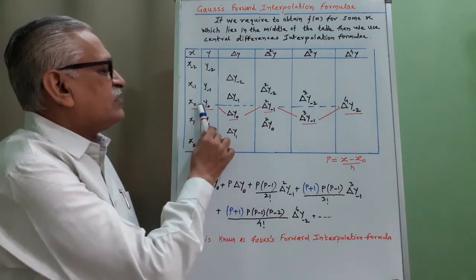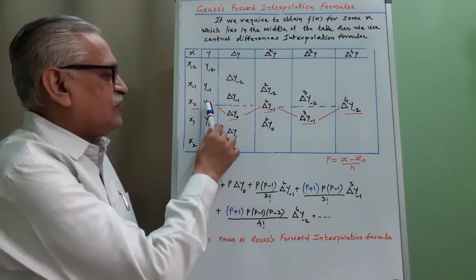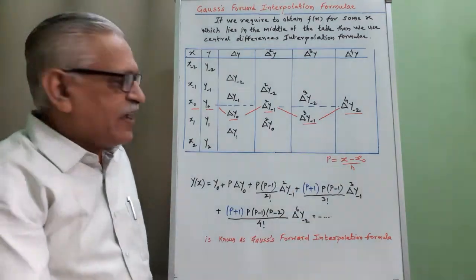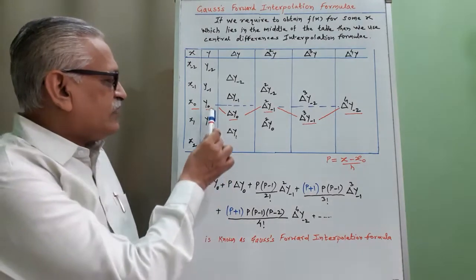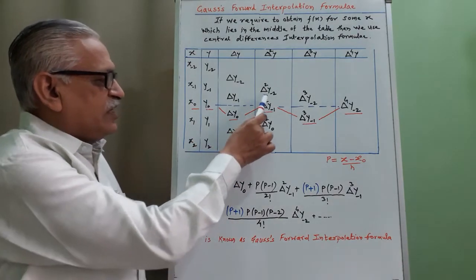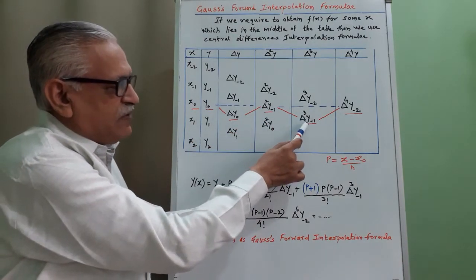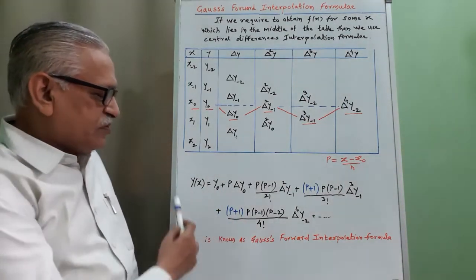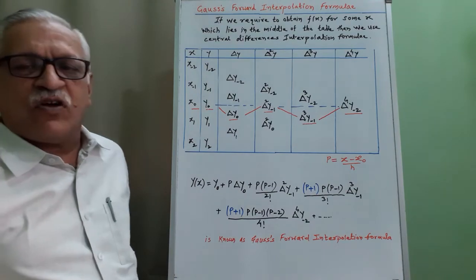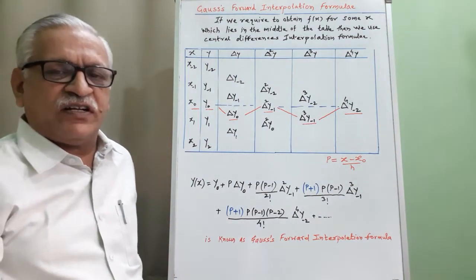These are the values on that central line and below that central line, in a zigzag way: y0, del y0, del square y minus 1, del cube y minus 1 and del raised to 4 y minus 2. Therefore, this is the Gauss's forward interpolation formula.